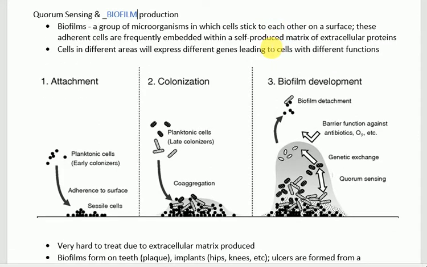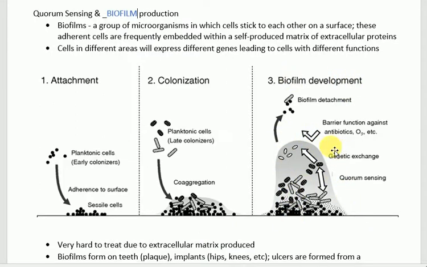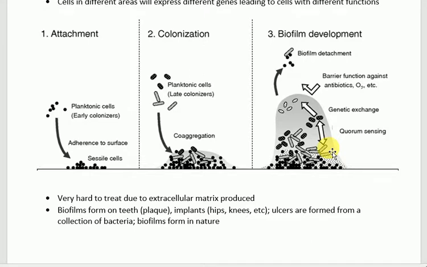So the cells in different areas are going to express different genes, leading to cells with different functions. So basically what happens here is that they attach, they colonize, and as they're colonizing, they develop this biofilm. So this makes it very hard to treat them because of this matrix that's produced.